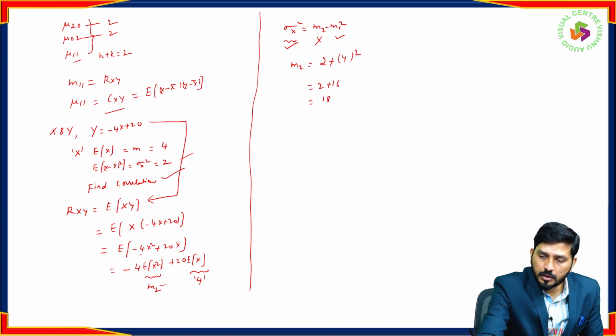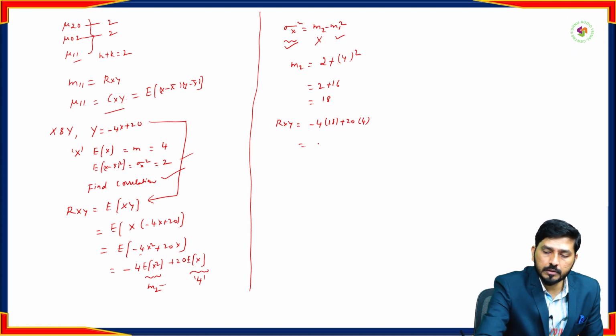Now substitute this 18 in Rxy, which is equal to minus 4 into 18 plus 20 into 4. On solving, you will get 8. Expectation of xy is equal to Rxy.